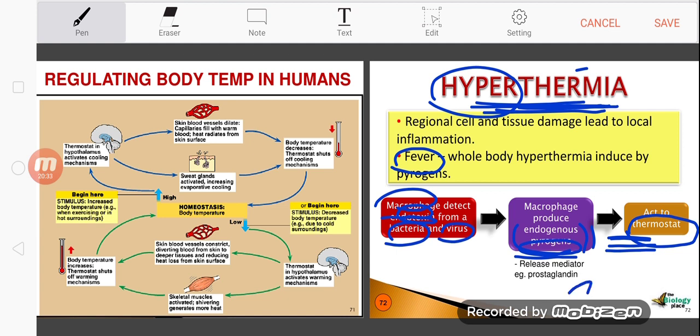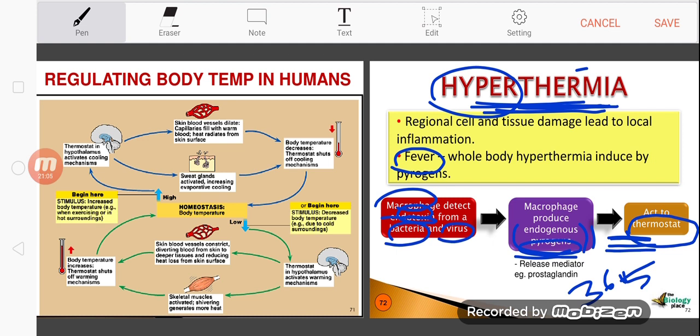The thermostat should be at 36.5, but suddenly when the hypothalamus detects this pyrogen, it will increase the thermostat to 37. Once the thermostat increases to 37, that's why we experience fever with shivering, right?